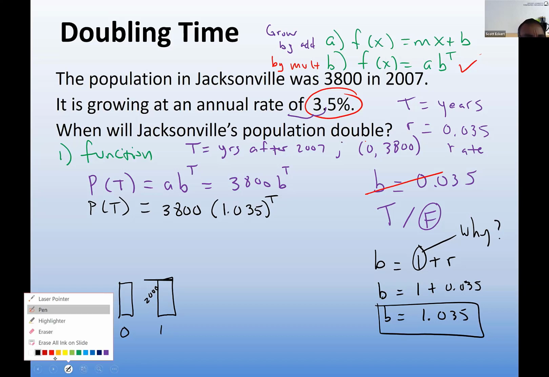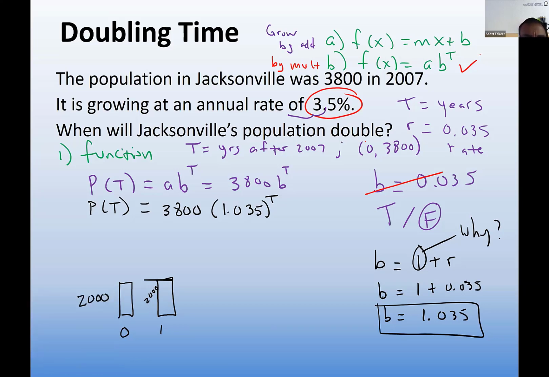So I'm assuming that population is still here and we're growing. Now we're growing by a percentage. So if we take 0.035, that's my rate, 3.5% of the 2,000, I have to multiply.